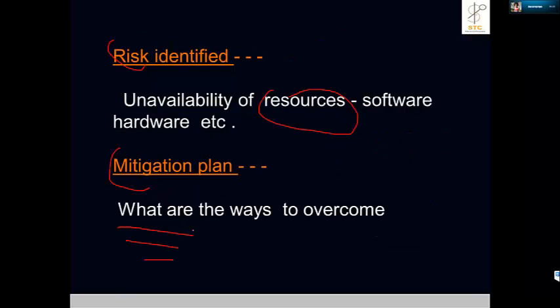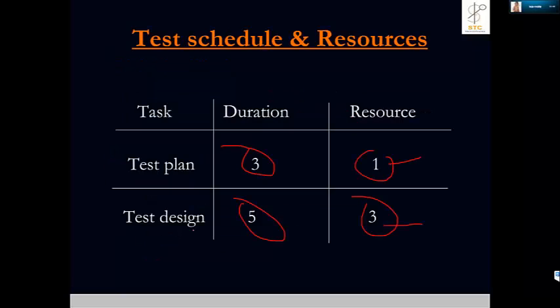Each project may have different kinds of risks and different kinds of mitigation plans. Also, we don't need to worry much about it right now, because it's not our job to write these test plans. Even if you want to write, there will always be a template. So you can see the template and just change it according to your project. That's all.